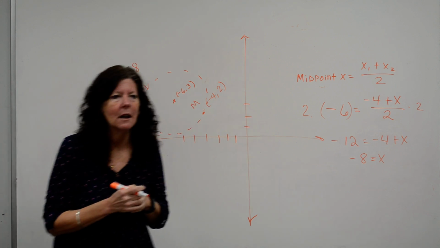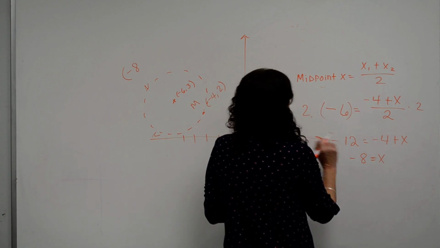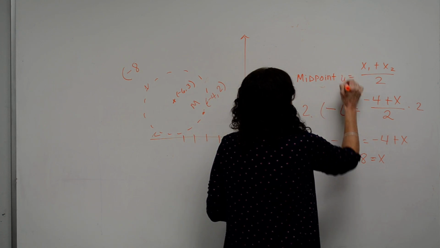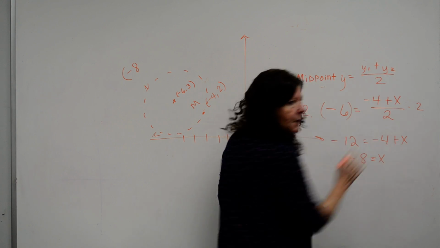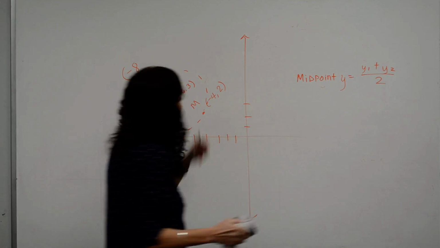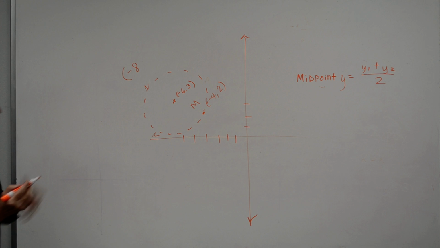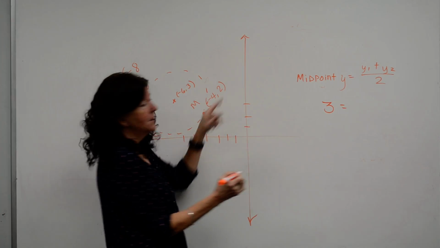How am I going to find the y? Same way. Okay, all I have to do, I'm going to cheat here. Okay, go with me. What's my midpoint y value? 3. Okay, so 3 is equal to, I know one of my y's, it's 2.